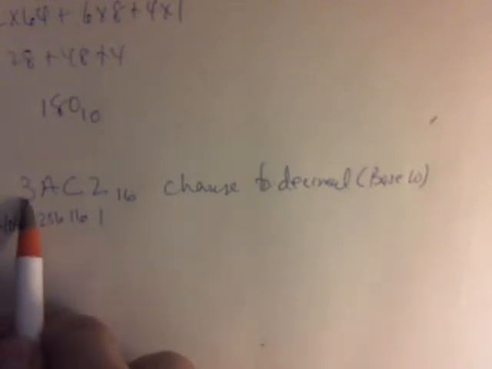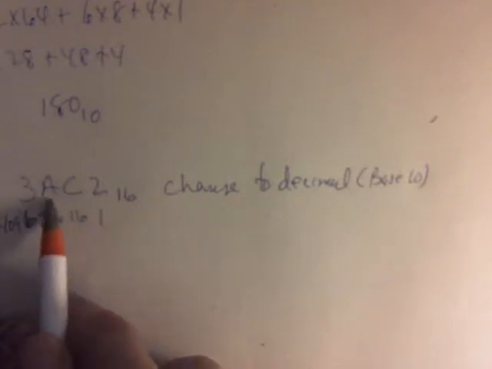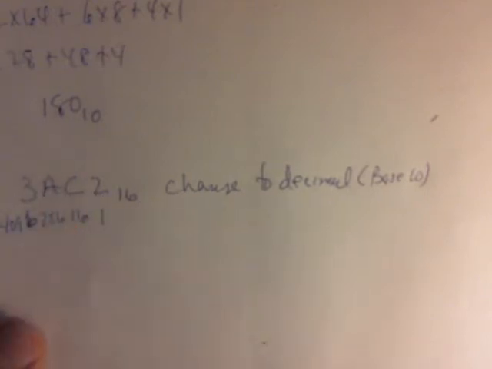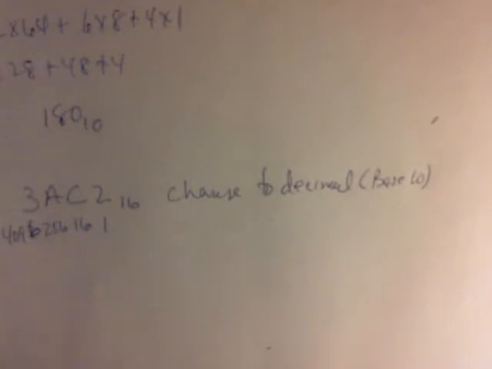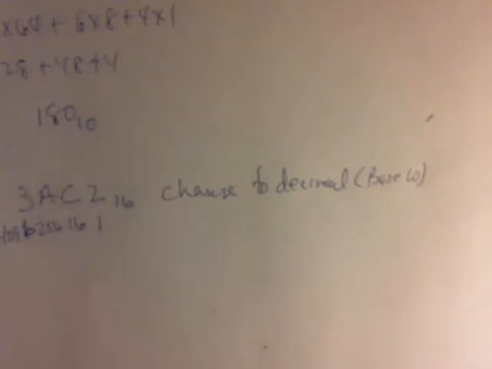So 3 just represents 3. 2 still represents just 2. But A and C are those places where we have 2 digits. Like, for example, again, like I told you earlier, A actually represents 10. C represents 12.